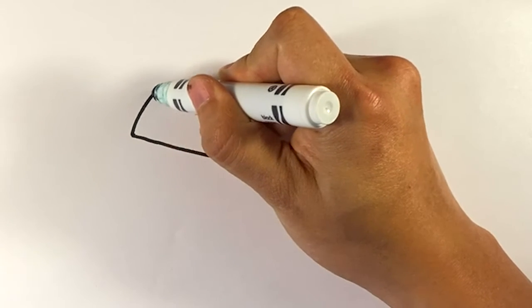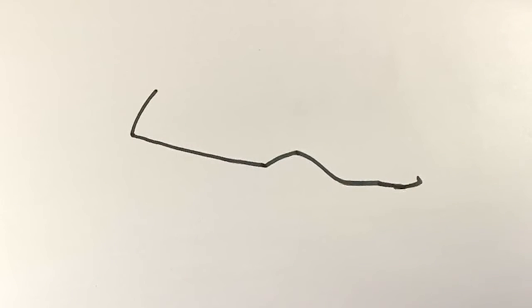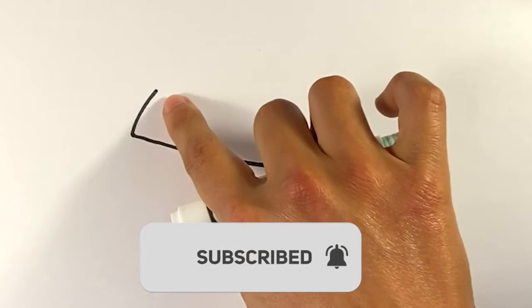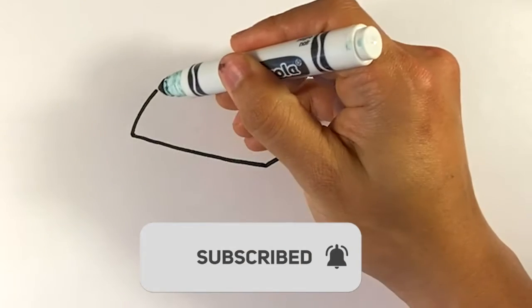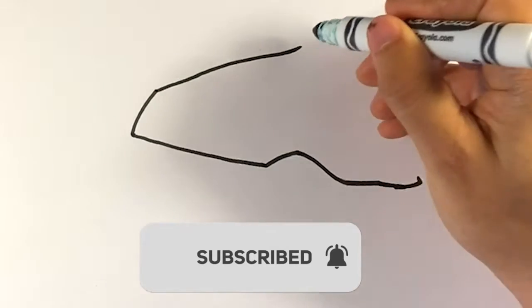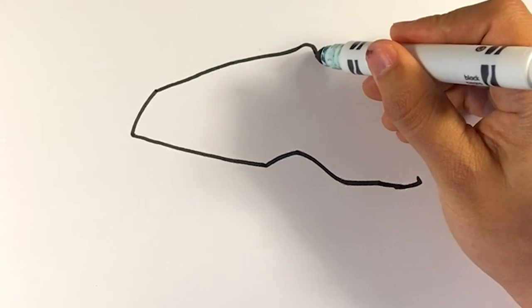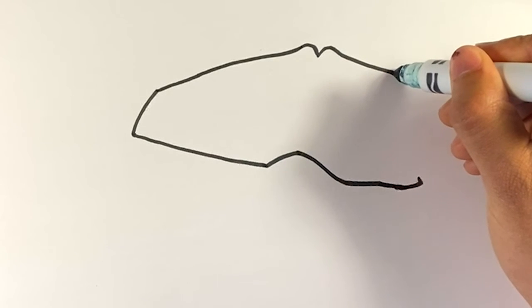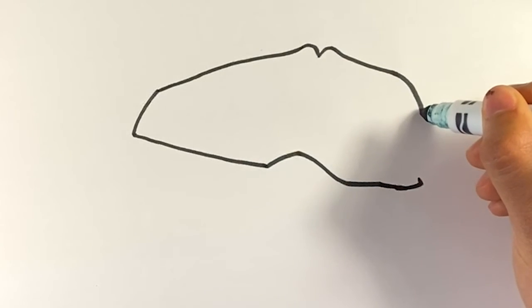We're going to go over here. The upper part over here, the front of the nose, front of the snout. I'm going to pull back. I'm going to go over here for the top of the snout area. Curve along here for a ridge. Up here, another ridge. Back for the back of the head here. Down.